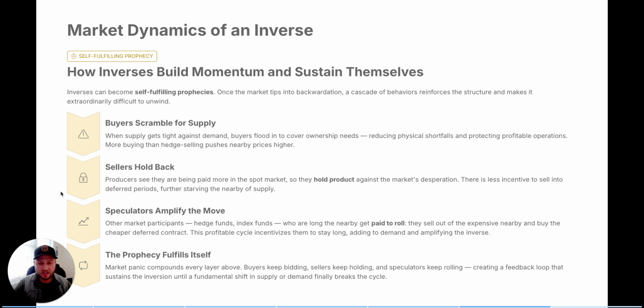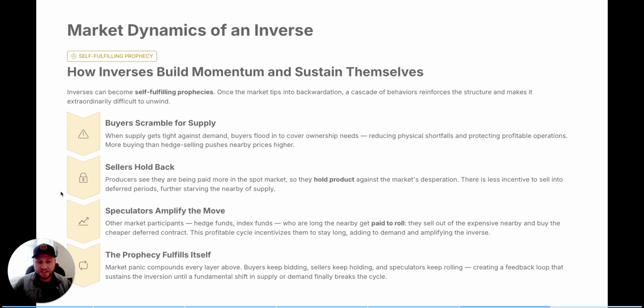So they sell out of the expensive nearby and buy that cheaper deferred contract. This profitable cycle will incentivize them to stay long, which is once again amplifying that inverse, making it difficult to get out until economics really break free, and nobody starts to see that incentive anymore. But that can be difficult, and that's why inverses can actually hold on for years.